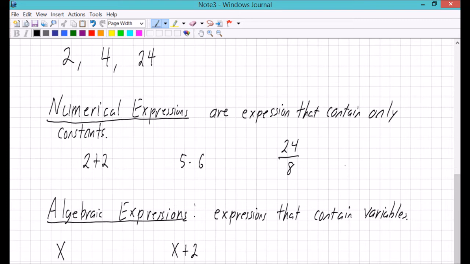Yes, it has a constant in it, and it has an operation, but because it has a variable, it automatically becomes an algebraic expression. How about 5 times y? Again, that's an algebraic expression because it contains a variable. How about z divided by 8? Again, that would be an algebraic expression because it has a variable.